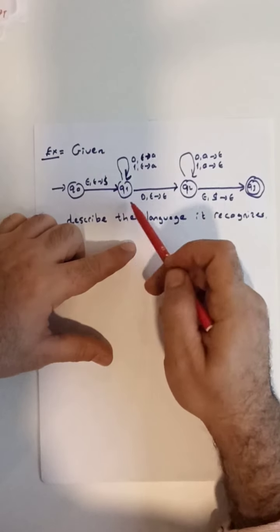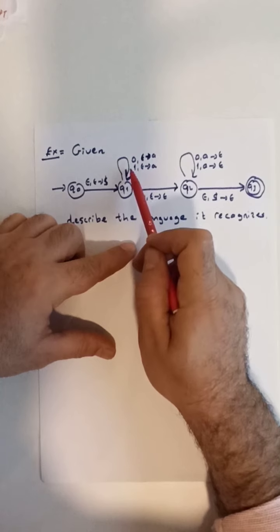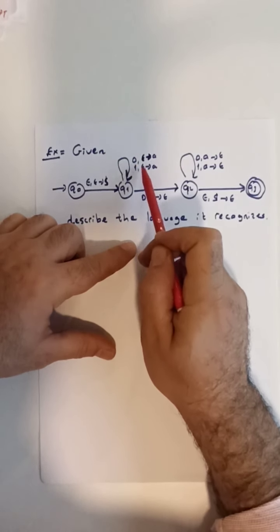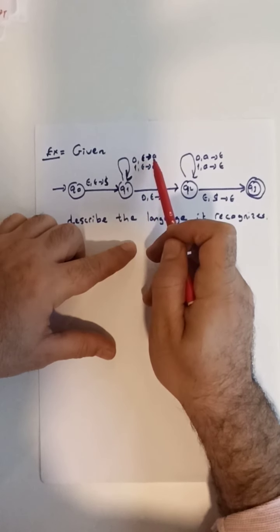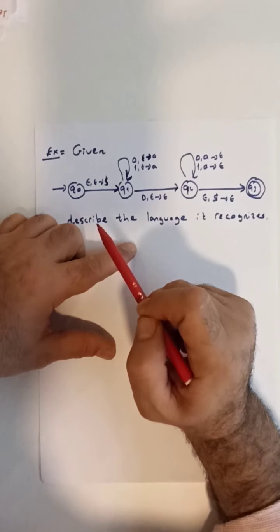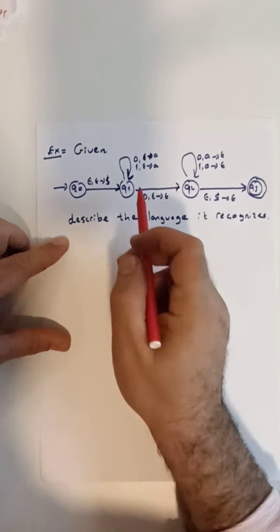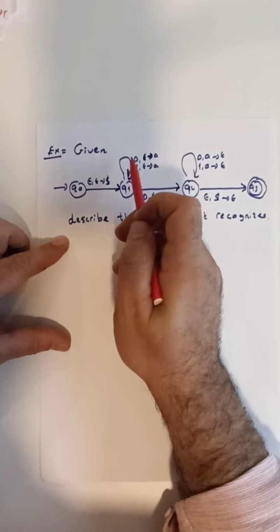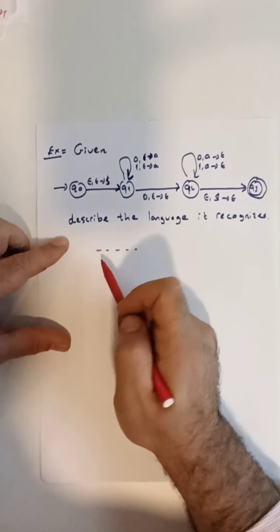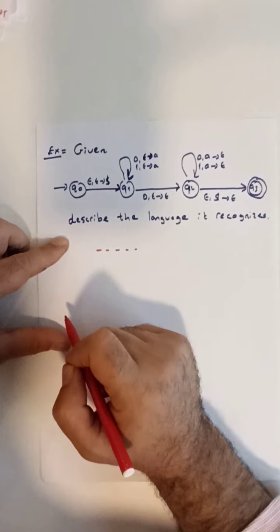It seems like at state Q1, while reading input 0 or 1, it doesn't matter which one, the machine doesn't pop anything, it doesn't remove anything from the stack. It pushes a single symbol A on the stack. So for every symbol read at the beginning, through this loop, a corresponding symbol A is pushed on the stack.